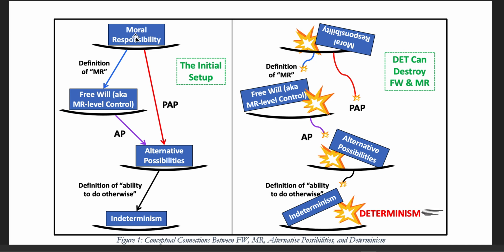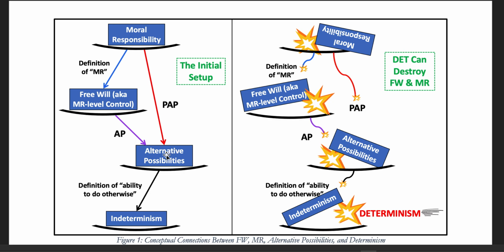You need free will in order to be responsible. Another way to say that, again, is you need some level of control. Free will is just responsibility-level control. And it's down below it because it's needed. You need this for that. If you knock this out, this is going to fall over. Okay, as you can see over here, which we'll get to.